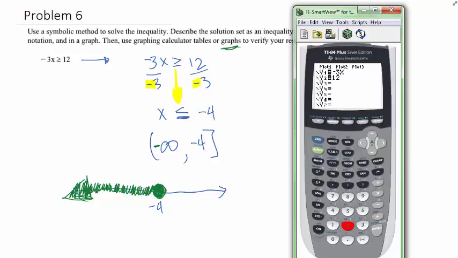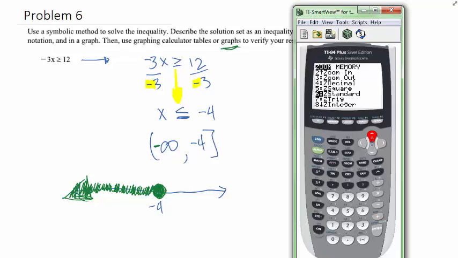Now I want to graph this so that I can see both graphs. You can play around with a window if you want, but for me, I'm just going to go straight to zoom, and I'm going to look for zoom fit. I normally would go for zoom standard, but zoom standard goes from -10 to 10, and I see that I have a value of 12 here.